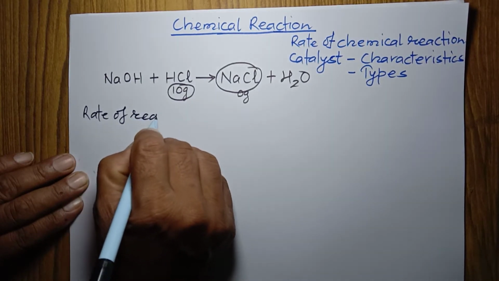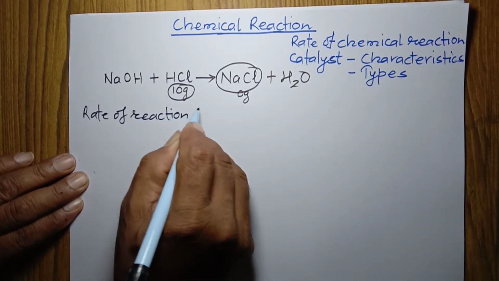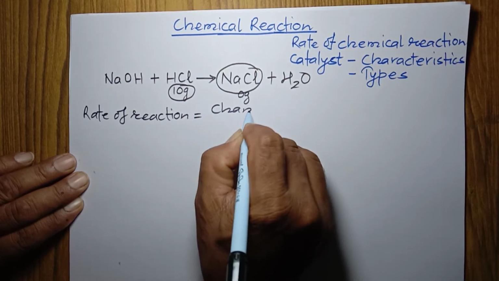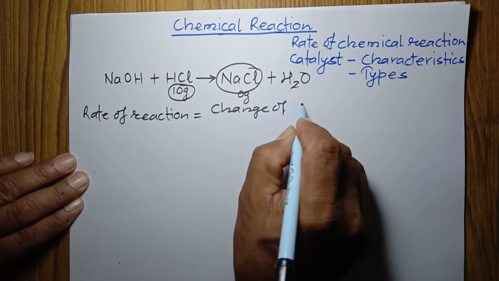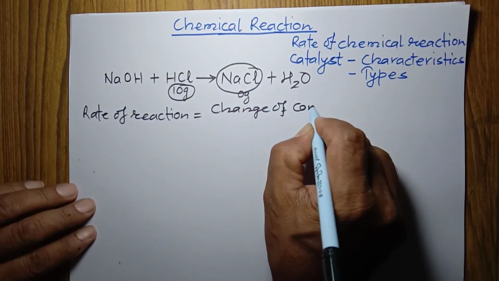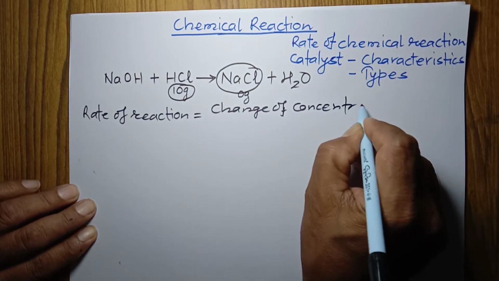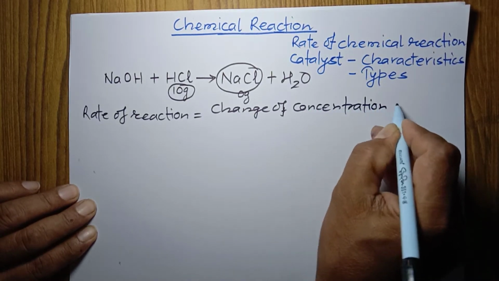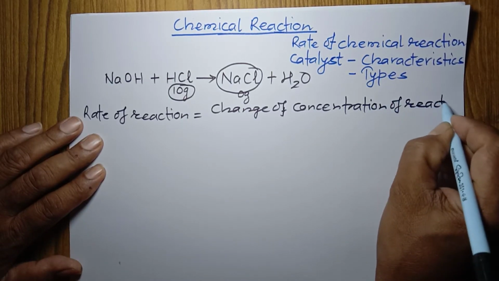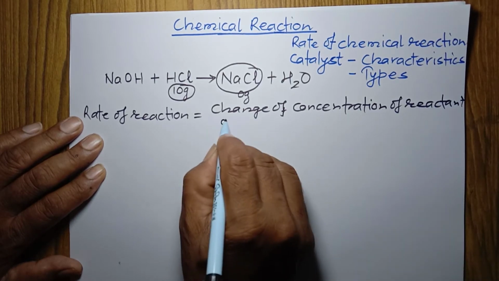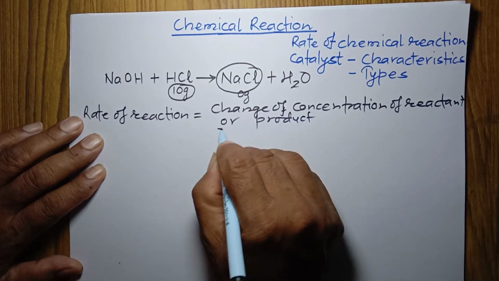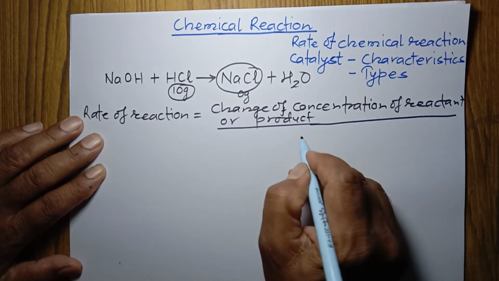Rate of reaction is equal to change of concentration of reactant, or we can take product also, divided by time taken.